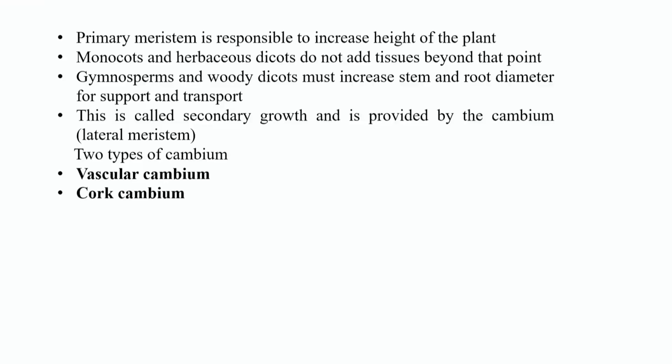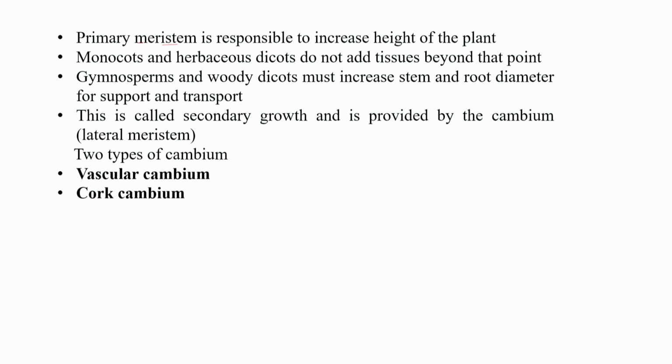So first of all, in this first lecture, we will try to understand the vascular cambium. The primary meristem, which we have all studied, is responsible for increasing the height of the plant. However, monocots, as I have told you in several lectures before, do not have secondary growth.